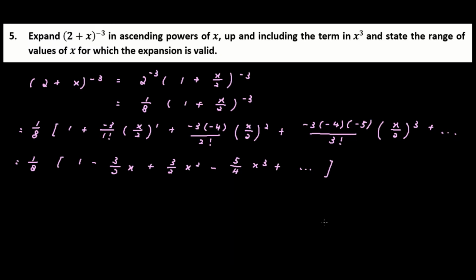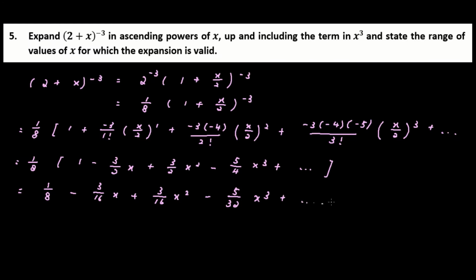Yeah, correct. Okay, so you can continue by multiplying them together. So 1 over 8 minus 3 over 16 x plus 3 over 16 x squared minus 5 over 32 x cubed and so on. Okay, so same thing.